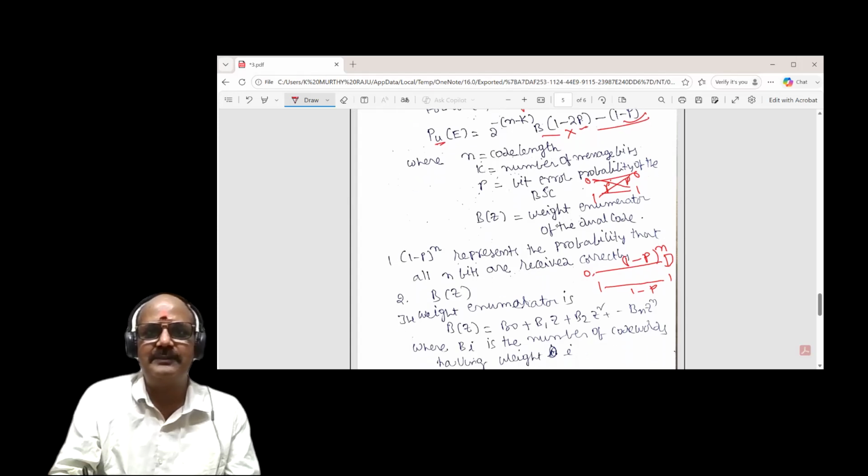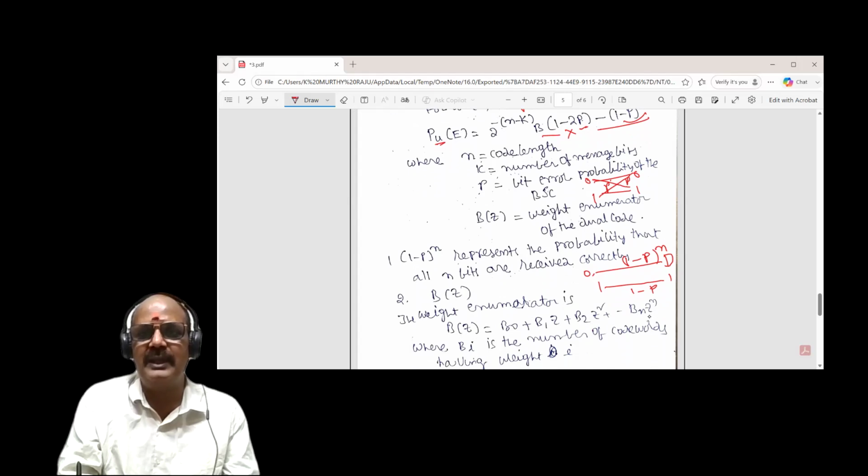The second one is B(z), the weight enumerator: B(z) is equal to B0 plus B1z plus B2z squared plus so on and so forth, Bn z to the power n. Consider code words of the dual code and find out the weights of all these code words.